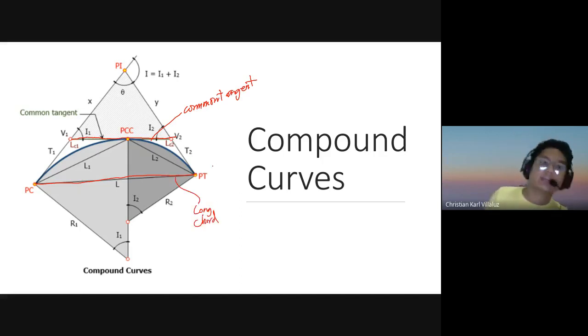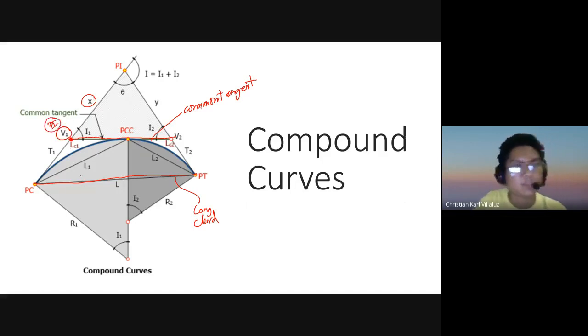So may mga iba pa tayong parts such as itong x, distance x, yung distance galing sa vertex. So initially ito yung point of intersection, di ba? Para sa simple curve kung mag-isa lang siya. But since compound curve na siya, we use vertex as the term for that point. Para di tayo malito kung alin na yung point of intersection.